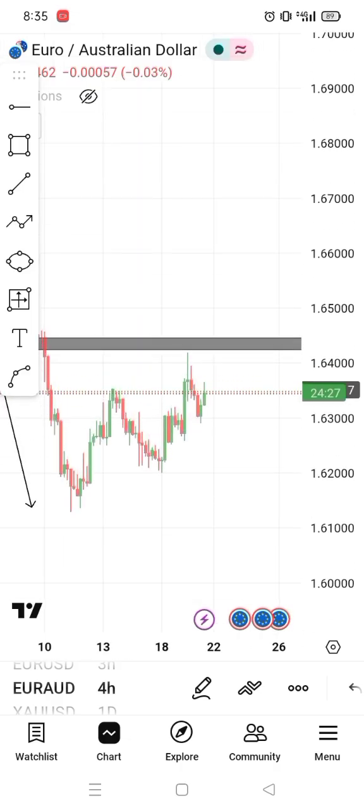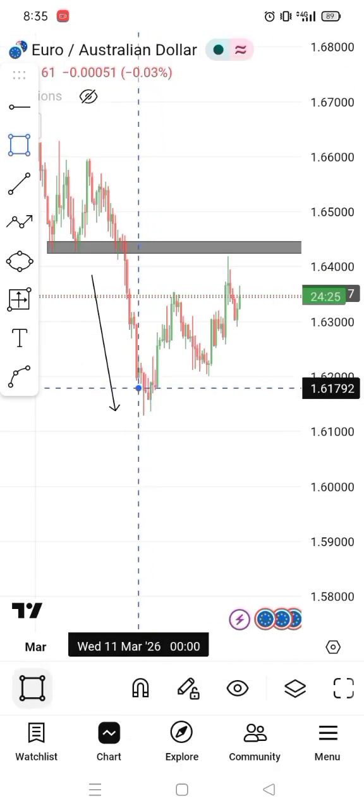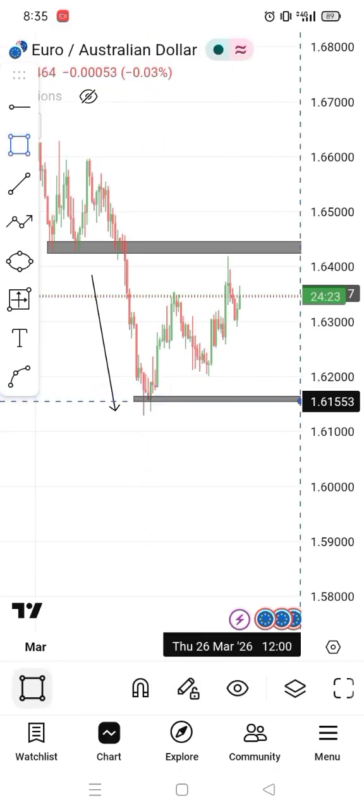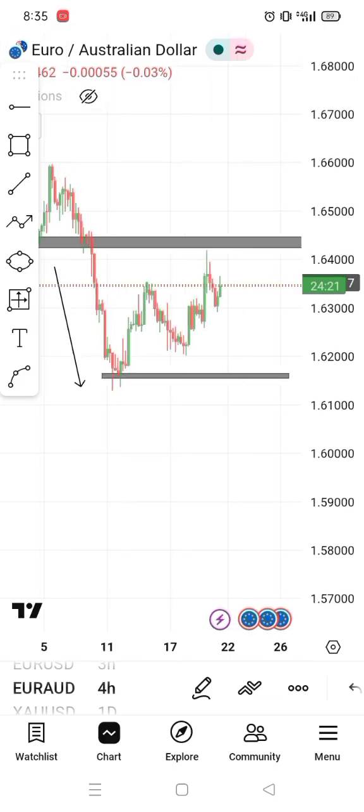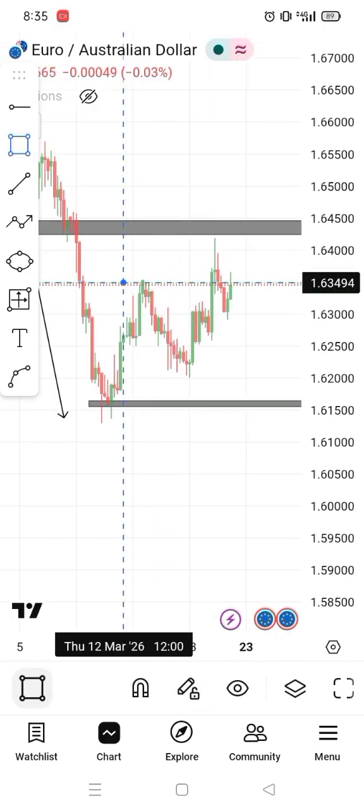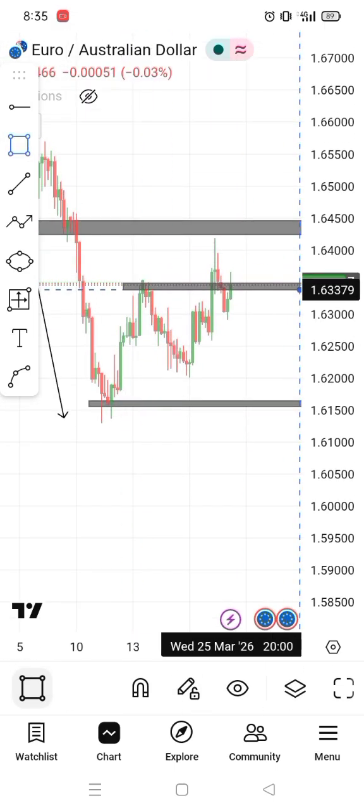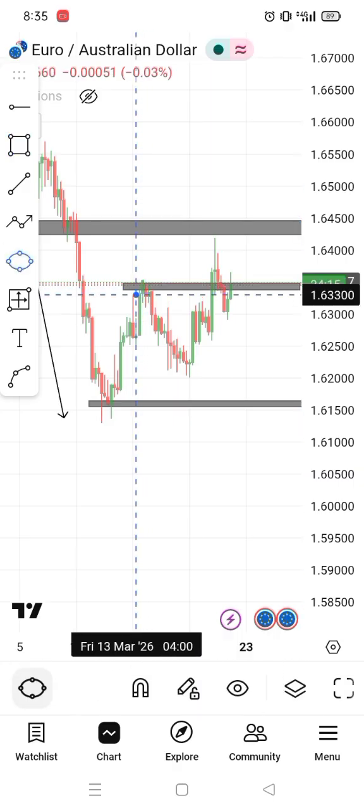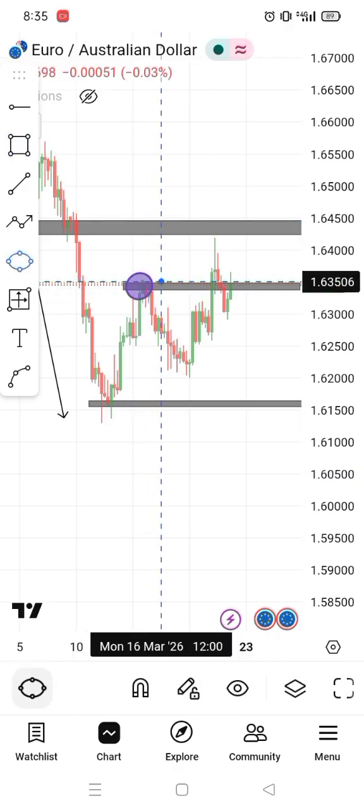And then we do make a new low in the market. This is the new low. And then we make a lower high. Do have a lower high here.